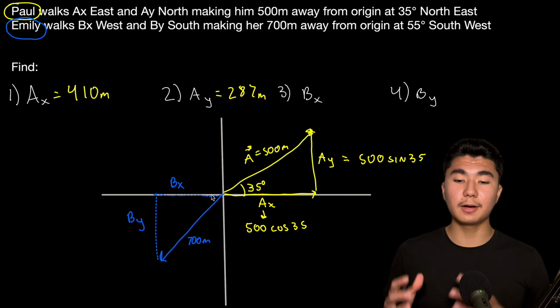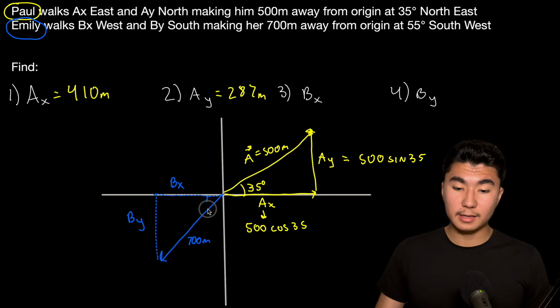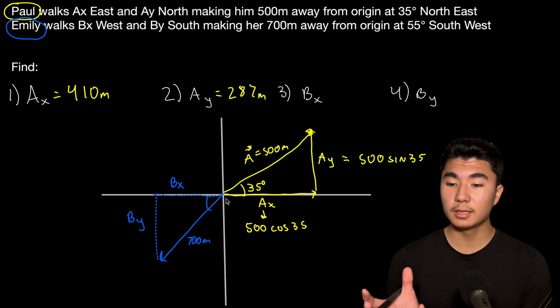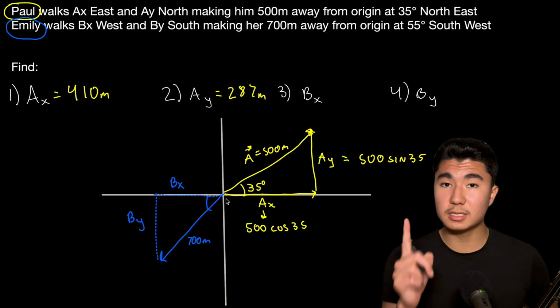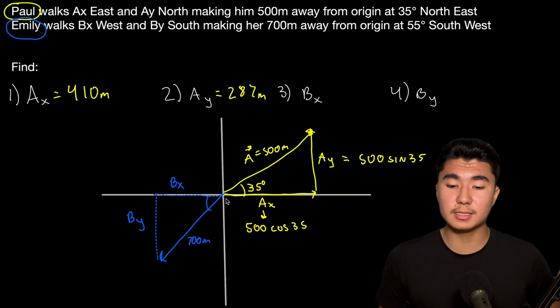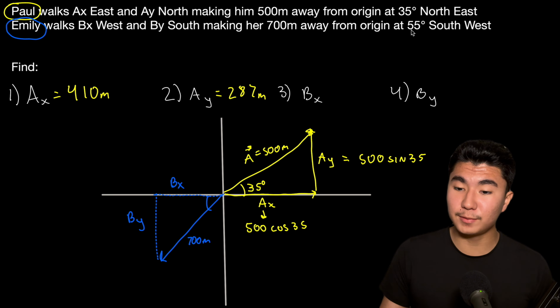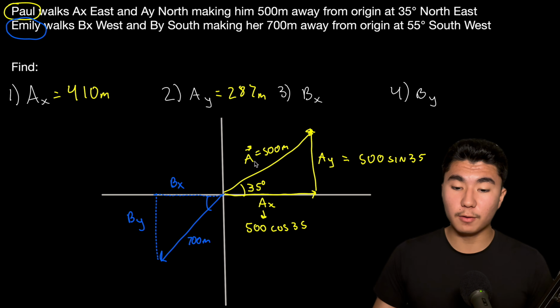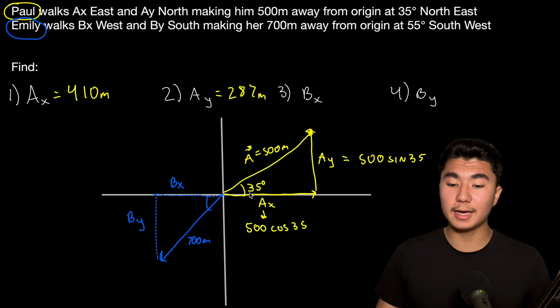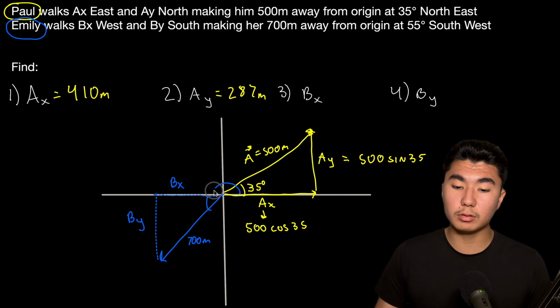Now this is one thing to note. They did tell us that she's 55 degrees southwest. But this is one thing to always remember. This is actually the biggest reason why we wrote on a graph: although it's saying 55 degrees, we have to correlate our degrees from this origin over here, that x-axis, 0, all the way around.